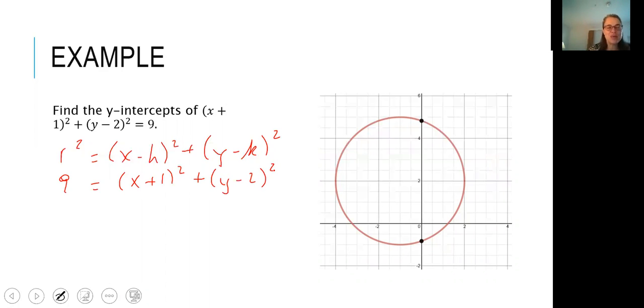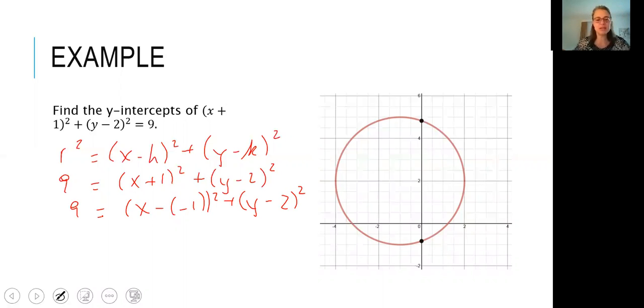Remember that the coordinates of the center are the points that are subtracted from x and y. So this x plus 1 is really x minus negative 1 squared plus y minus 2 squared. So my circle should have radius of 3. So we should say r equals 3, and it is centered at the point negative 1, 2.